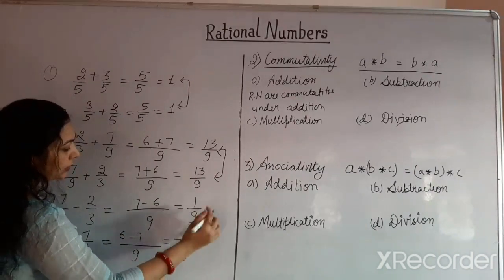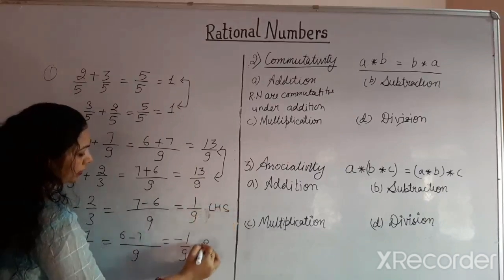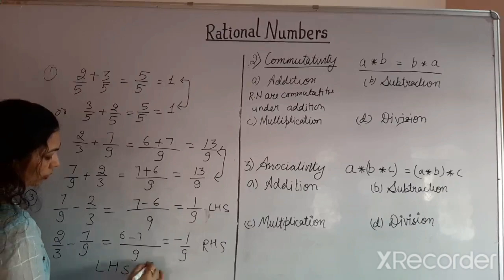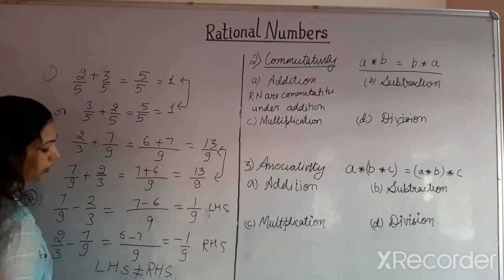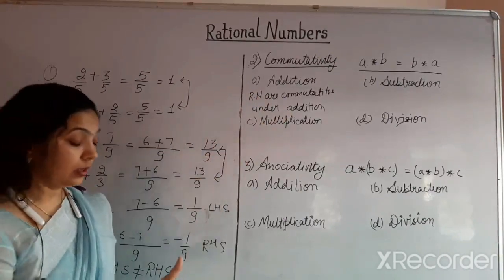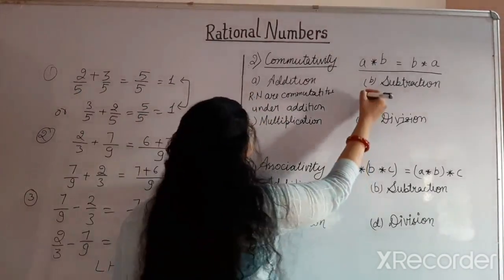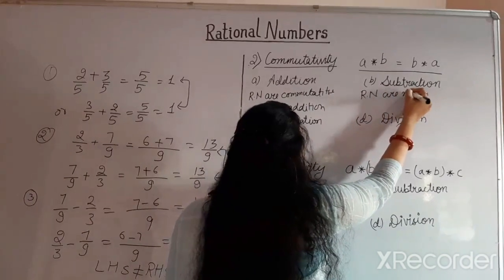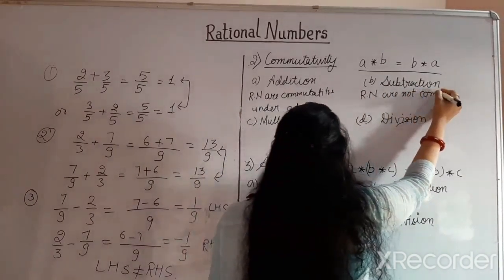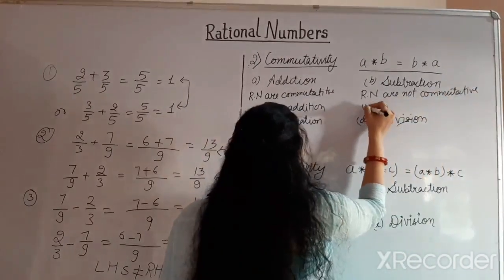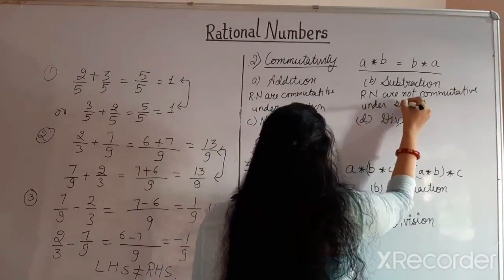This is the LHS and this is the RHS. So LHS is not equal to RHS. What does it conclude? That for subtraction, commutativity is not followed. That is, rational numbers are not commutative under subtraction.